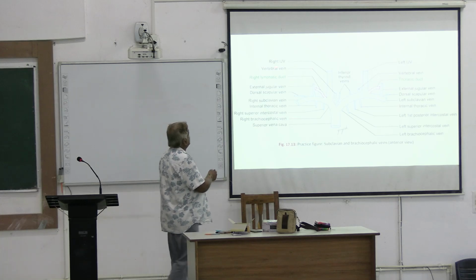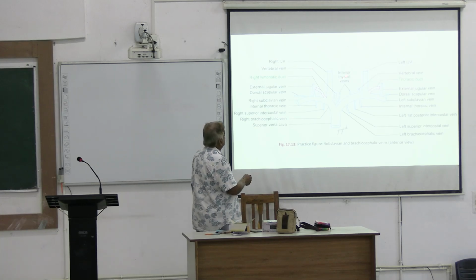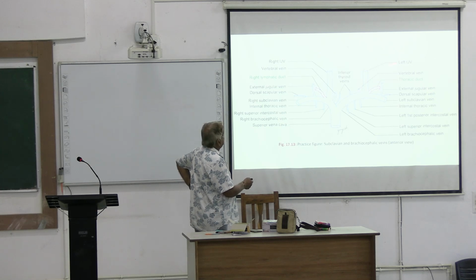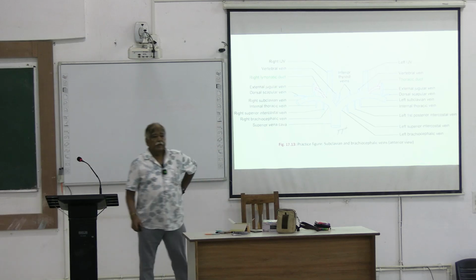Now inferior thyroid veins. This is the thoracic duct, left internal jugular vein, external jugular vein, dorsal scapular vein, left subclavian vein, internal thoracic vein, posterior intercostal veins. This is the left superior intercostal vein, the left brachiocephalic vein.